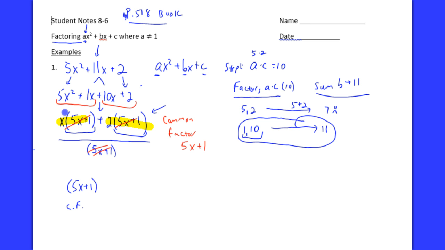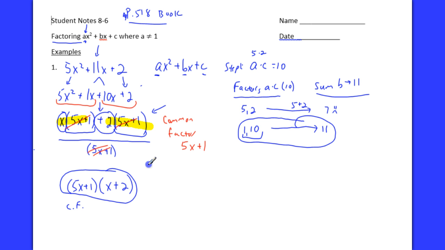So that cancels out, and look what I'm left with. I'm left with x plus 2. So it's times x plus 2. Really all I did here was divide out a common factor of 5x plus 1, and I'm left with x plus 2. And this is the answer.